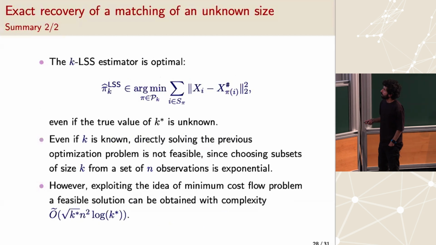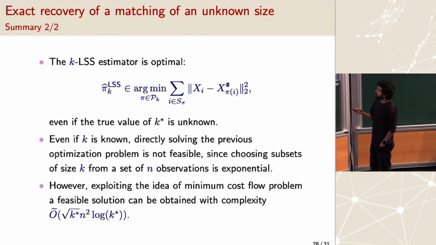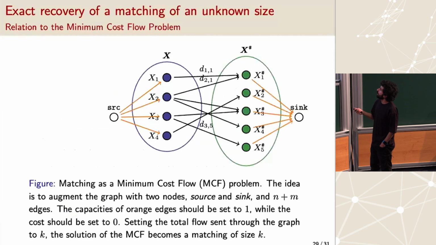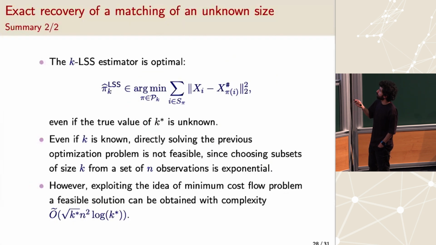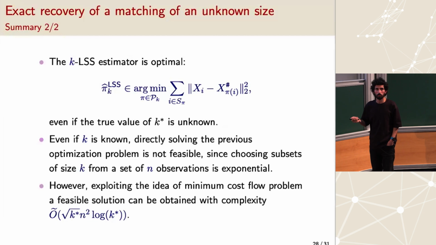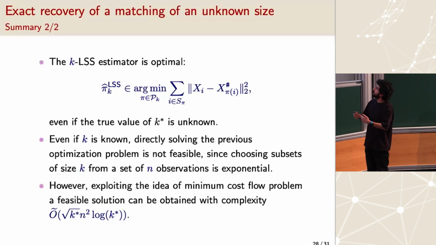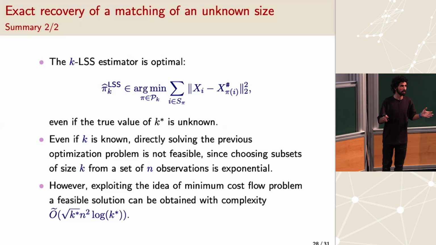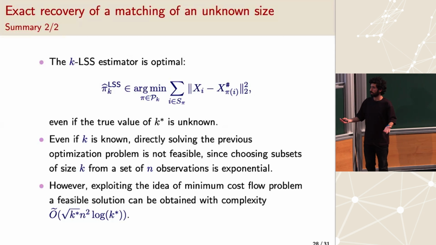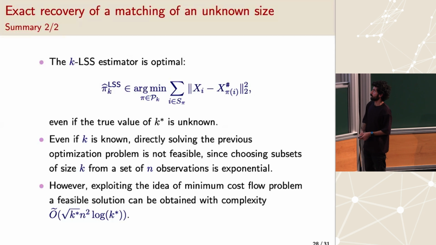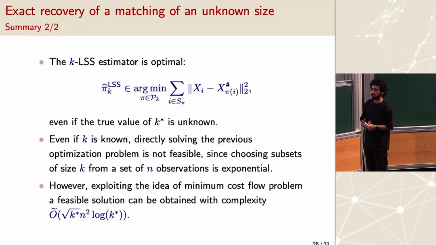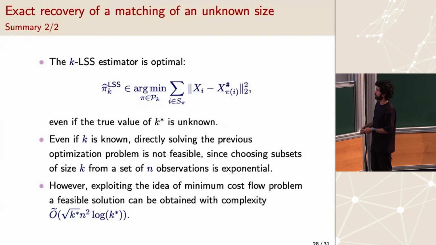Now the question is, how do we solve this problem, because it becomes even more complicated since we need to choose a subset of size k from n, of which there are exponentially many, and we cannot choose a subset and then use the Hungarian algorithm to solve it.